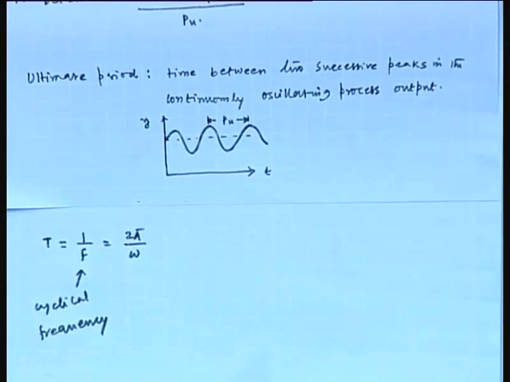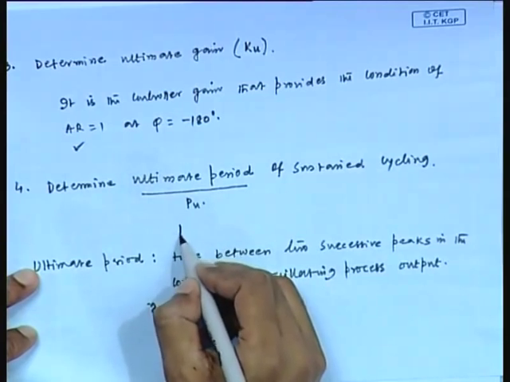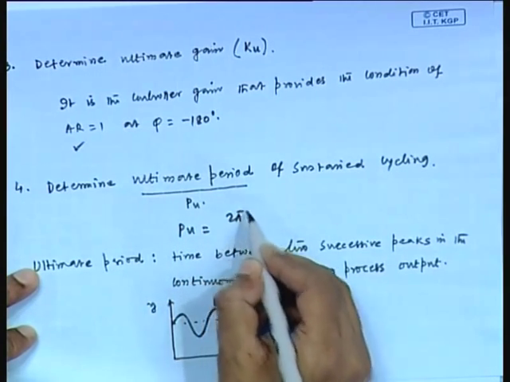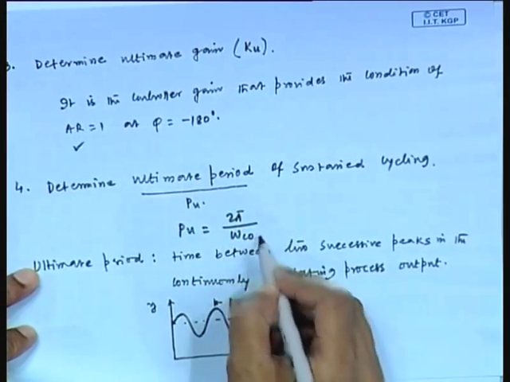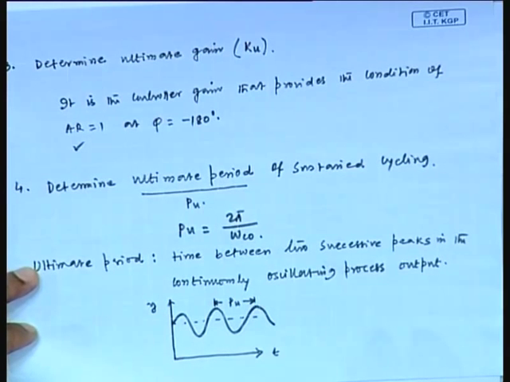Now, if we consider sustained oscillation, that means what? Omega equal to omega CO, crossover frequency. Therefore, we can write this Pu equal to 2 pi divided by omega CO. Fine.